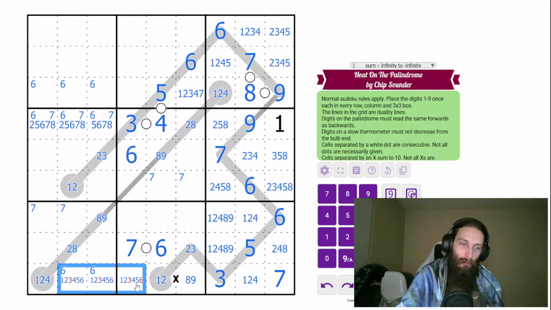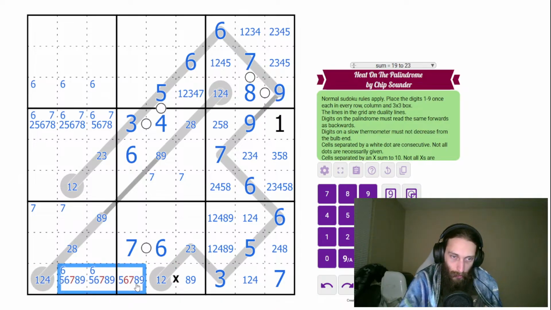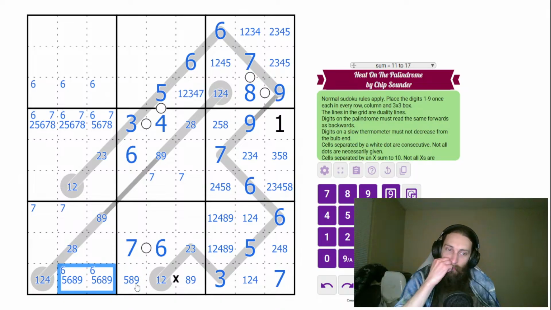So whatever is left here, 1, 2, 4, 3. Already got 6, 7 in the box and 7 in a row.